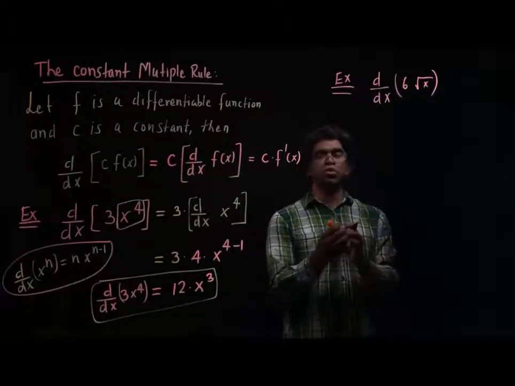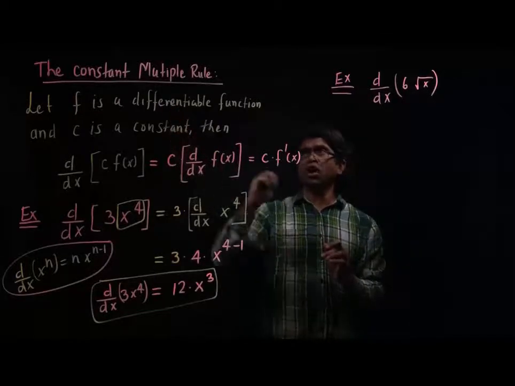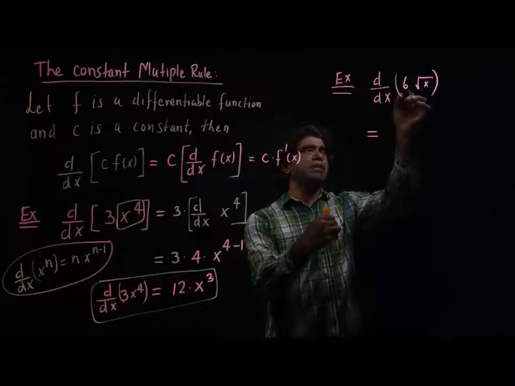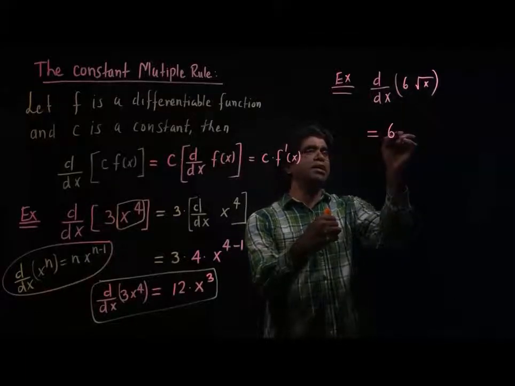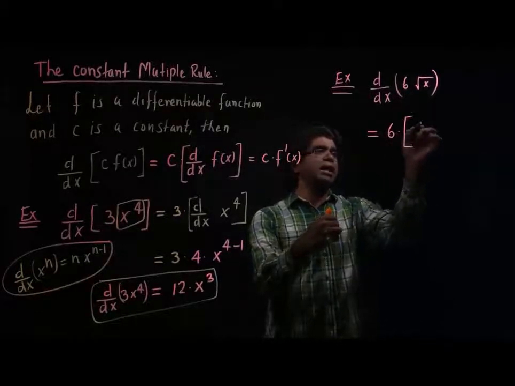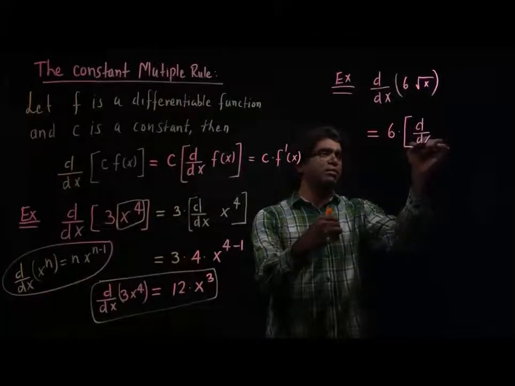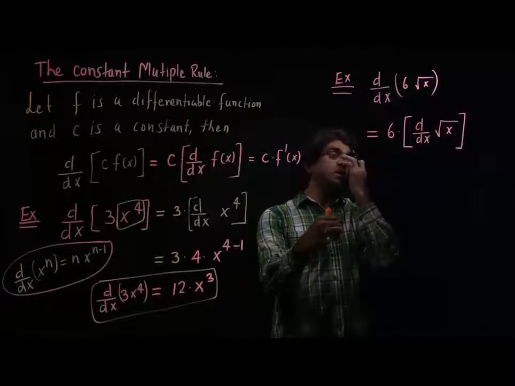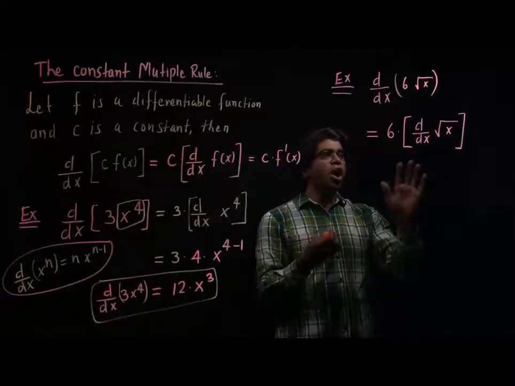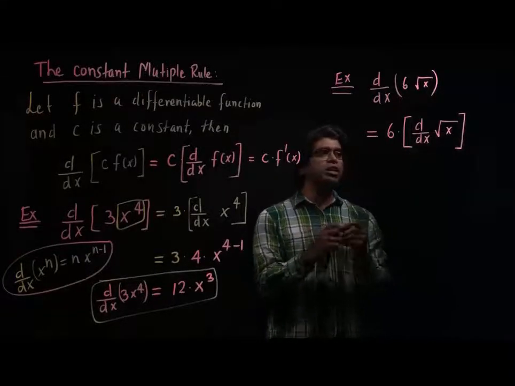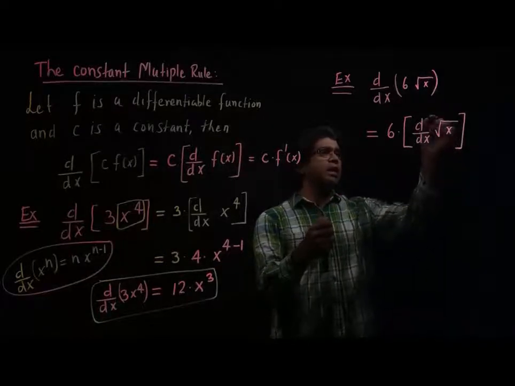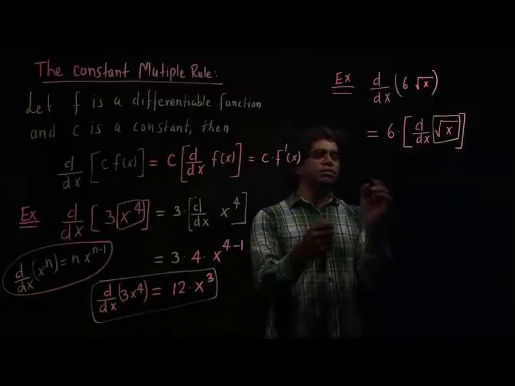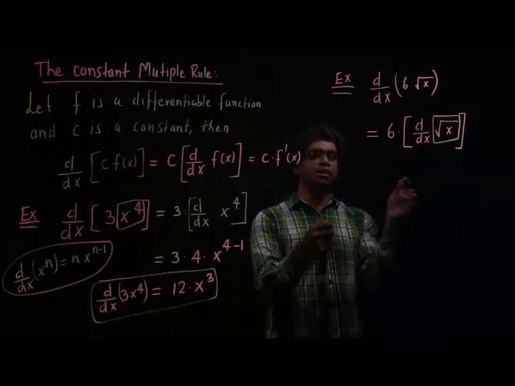I'm going to use the constant multiple rule, so I will keep this 6 outside, and inside the bracket I have dy dx of the square root of x. In order to use the power rule, I need to write the square root of x in terms of an exponent.